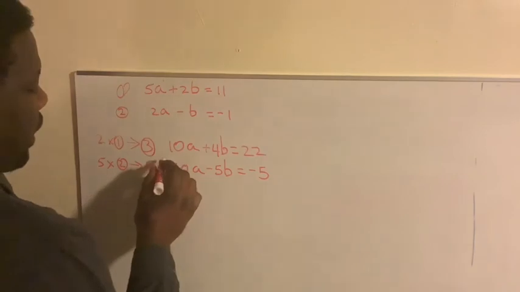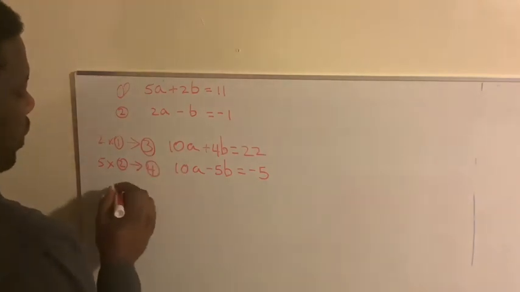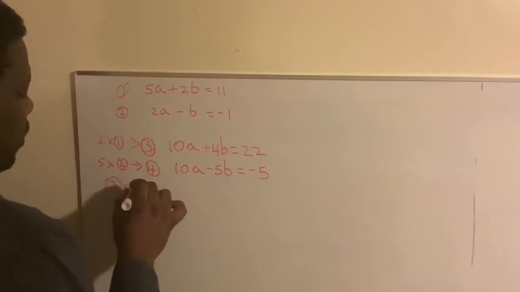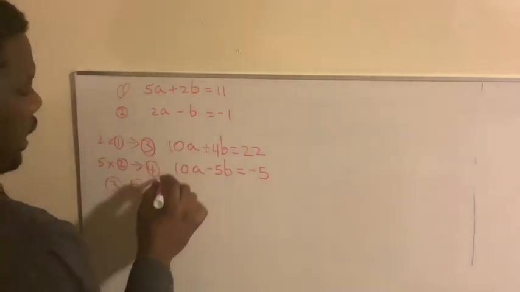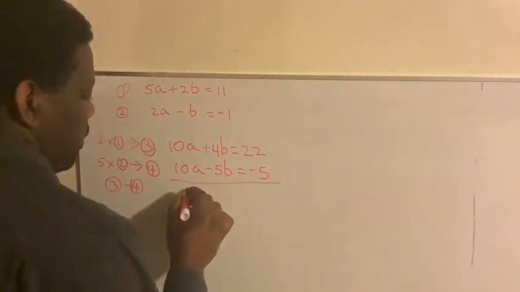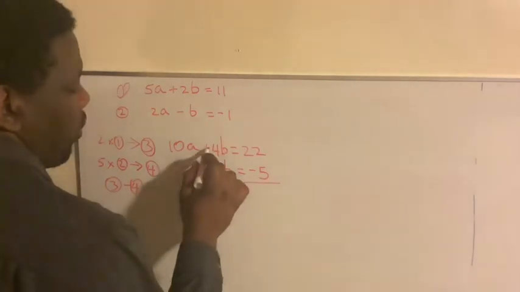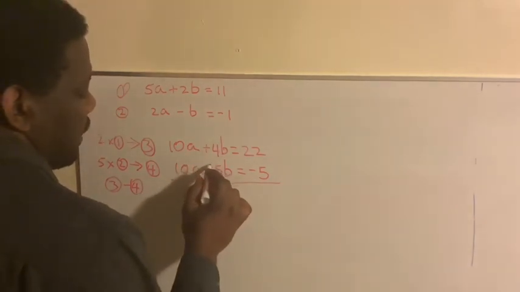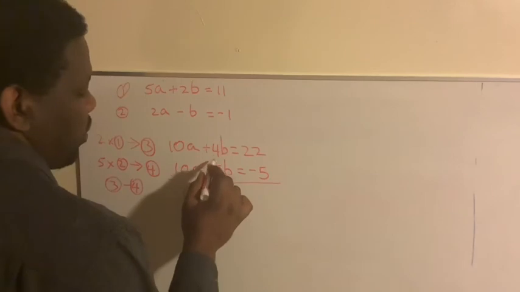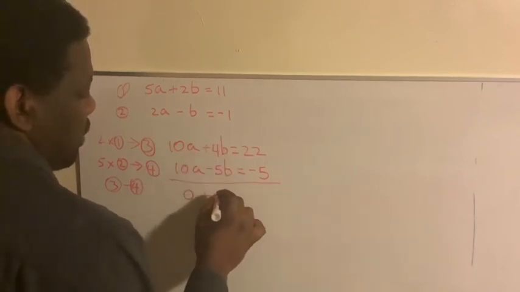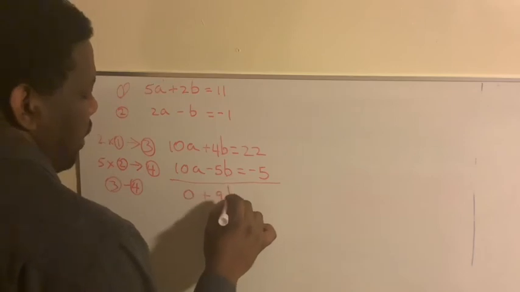Now we're going to subtract equation 4 from equation 3. So let's do equation 3, subtract equation 4. 10a take away 10a gives us 0. 4b, subtract negative 5b. Negative and the negative becomes a positive, so we have 4b plus 5b gives us 9b.